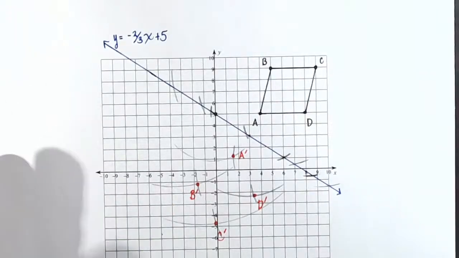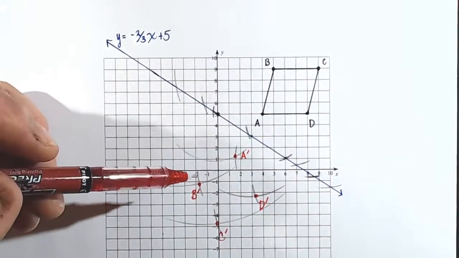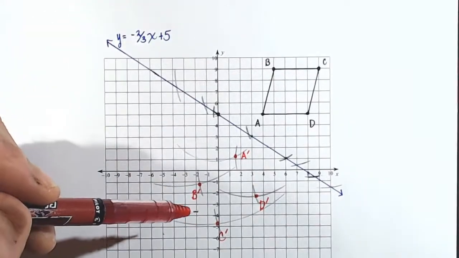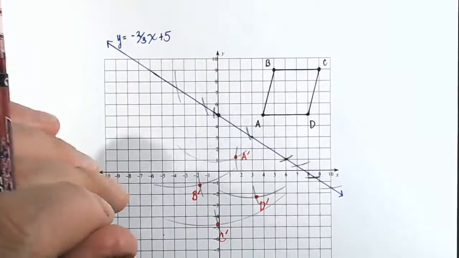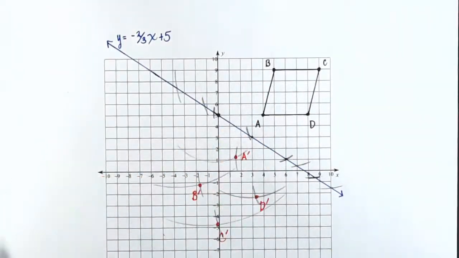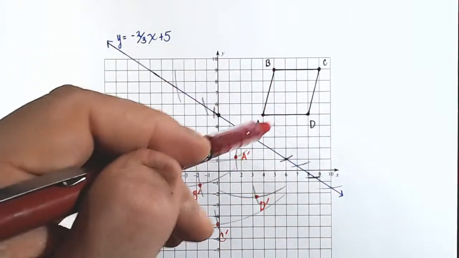Now when we connect all these lines, let's keep in mind that this is an isometry, which means that the shape that we draw should be congruent to the shape that we reflected. And this is a quadrilateral. So these lines should be parallel here.